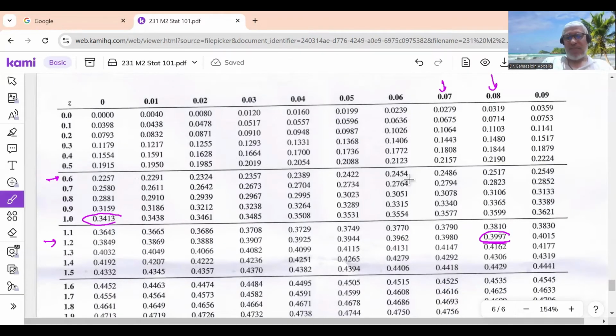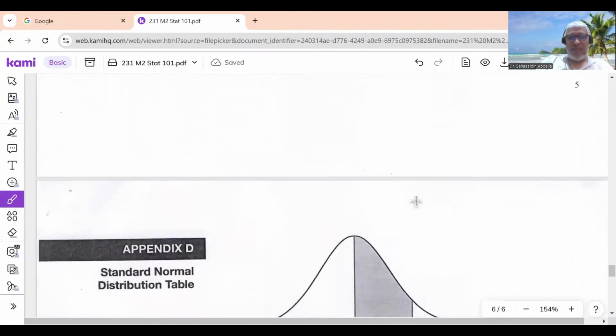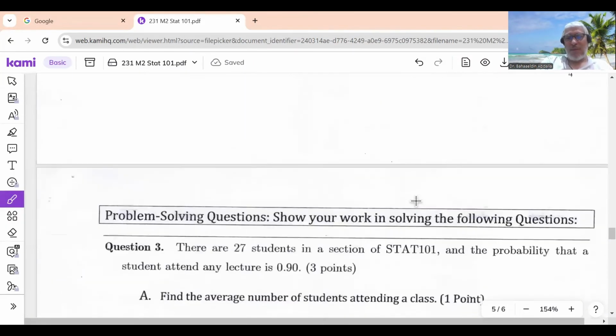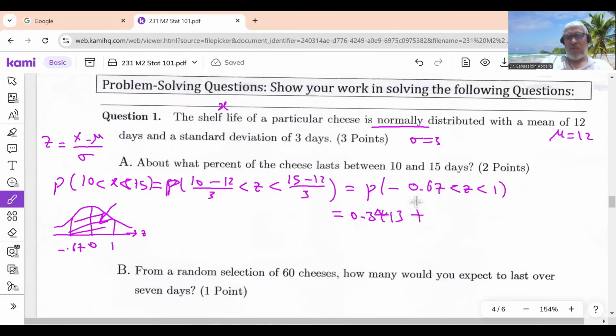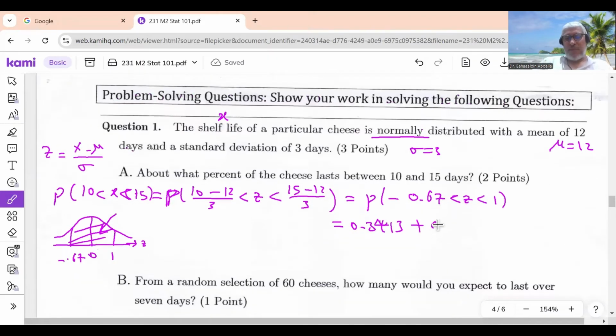This is the probability that Z is between 0 and 0.67, 0.2486. You add them and you find the answer.